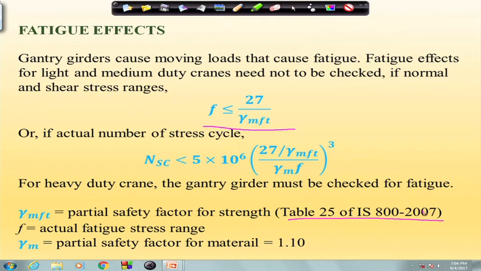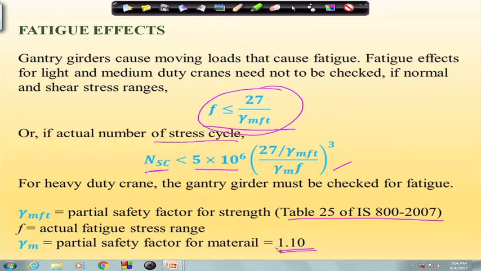So, if the shear stress range is less than 27 by gamma Ff t, then we do not need to check, or if the actual number of stress cycles NSC is less than 5 into 10 to the 6 into (27 gamma Ff t by gamma m f), where f is the actual fatigue stress range and gamma m is the partial safety factor, which is 1.1.